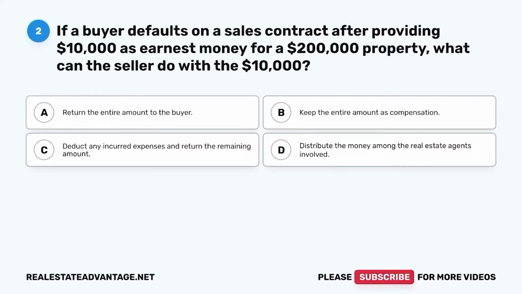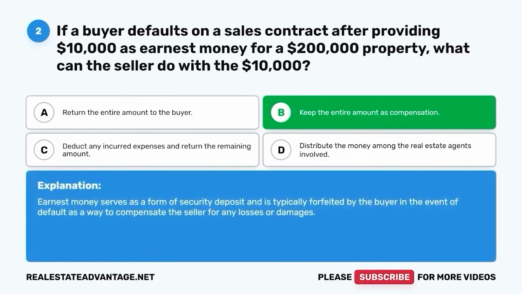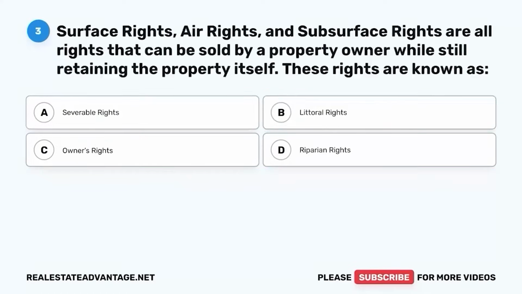D. Distribute the money among the real estate agents involved. The correct answer is B. Keep the entire amount as compensation. Earnest money serves as a form of security deposit and is typically forfeited by the buyer in the event of default as a way to compensate the seller for any losses or damages.